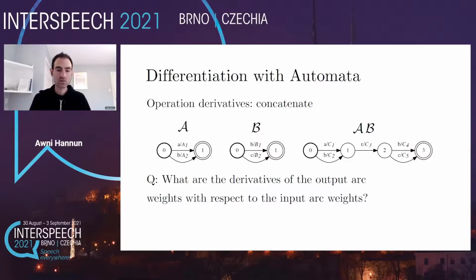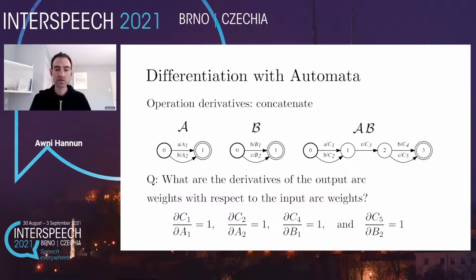Okay, so let's look at this example. We can compute the derivatives for it. There are only 4 non-zero derivatives, and they are all of the value 1. That's because there are only 4 arcs in the concatenated graph, each influenced by only 1 arc in only one of the input graphs.